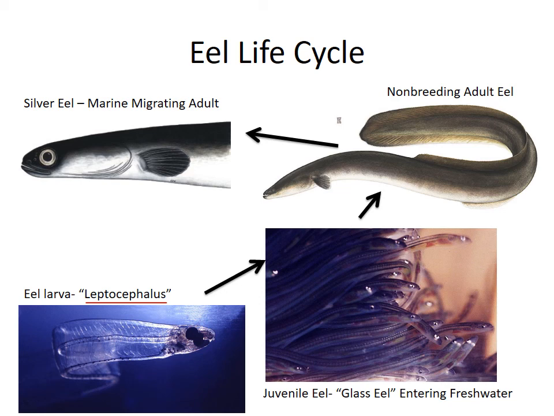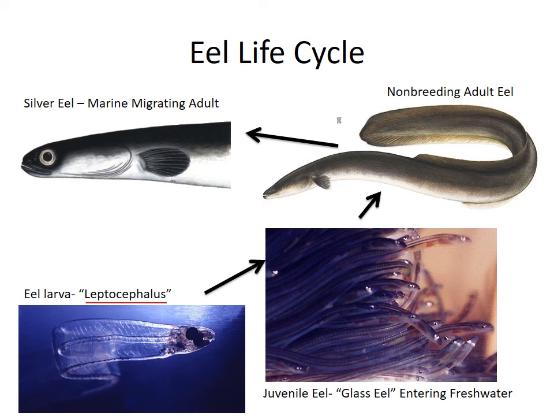And these larvae then transition from their flattened leaf-like form to a still mostly transparent but more traditional eel-like form called the glass eel as they move from the open ocean towards the coasts and enter fresh water.